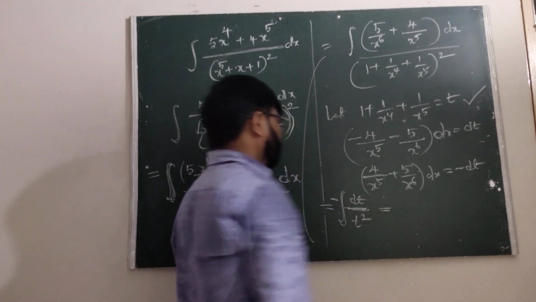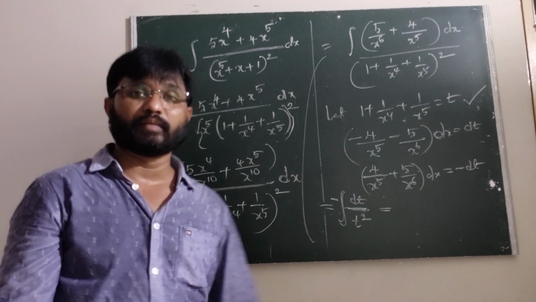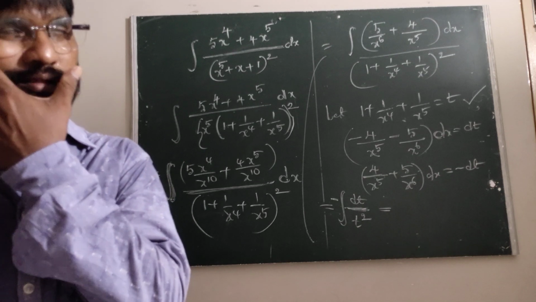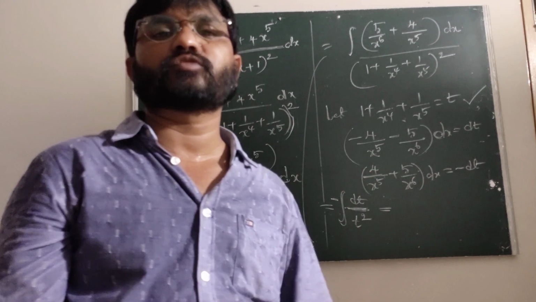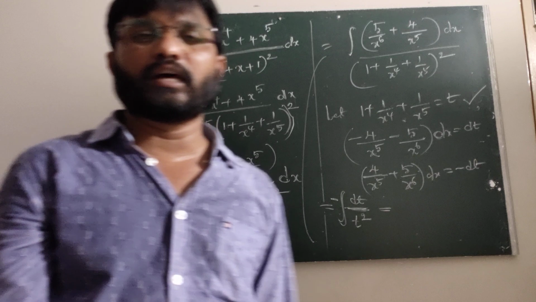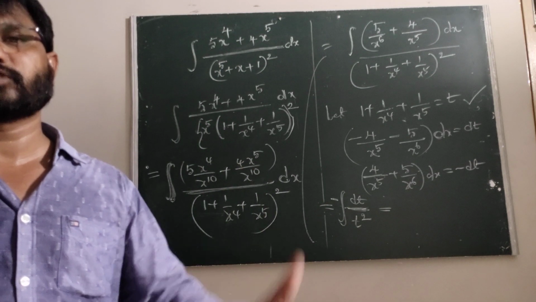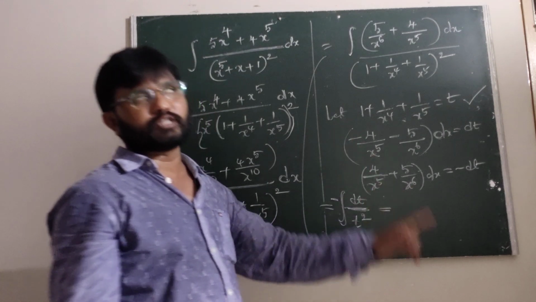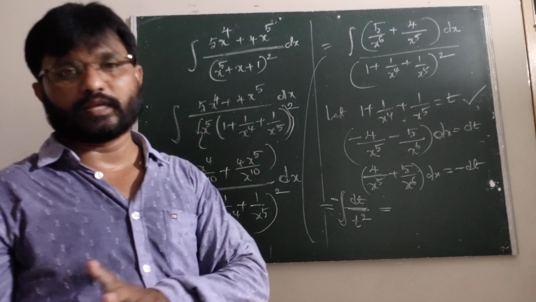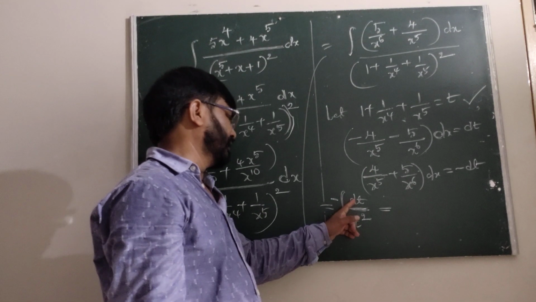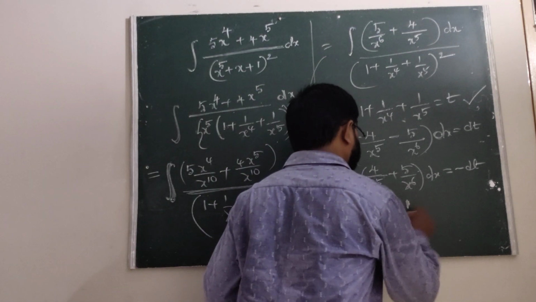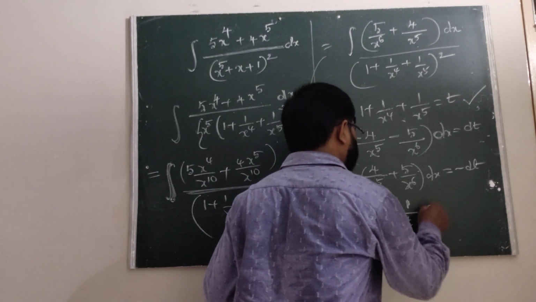We know that the integral of 1 by t square is minus 1 by t. By taking integral of x^n is x^(n+1) by n+1, similarly t^(-2), that means t^(-2+1) upon (-2+1). Therefore, integral of dt by t square is minus 1 by t, so minus of minus gives plus 1 by t plus c.